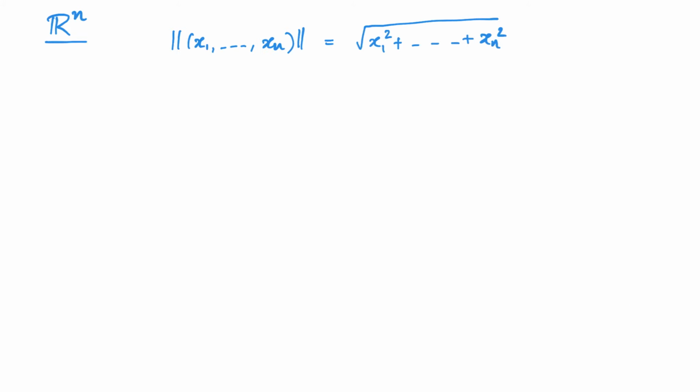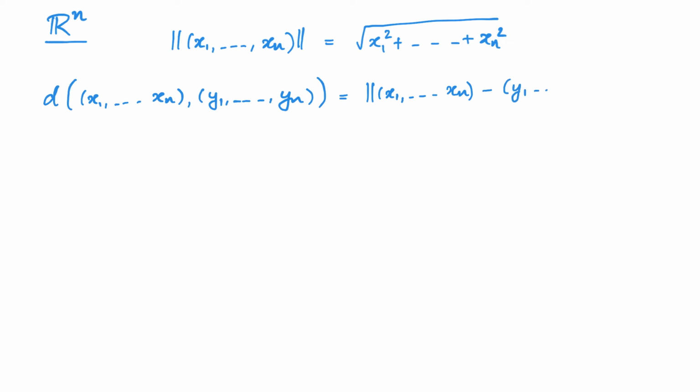Now that we have defined a norm on Rn, we can use this norm to define the distance between two points in Rn. Let the two points be x1, x2, etc. up to xn and y1, y2, etc. up to yn. Then the distance between these two points is equal to norm of x1, etc. up to xn minus y1, etc. up to yn.